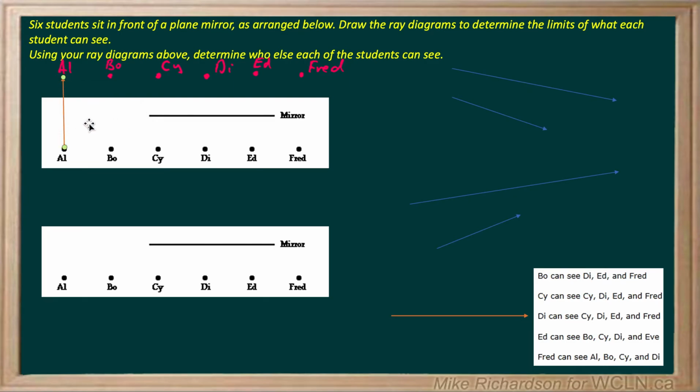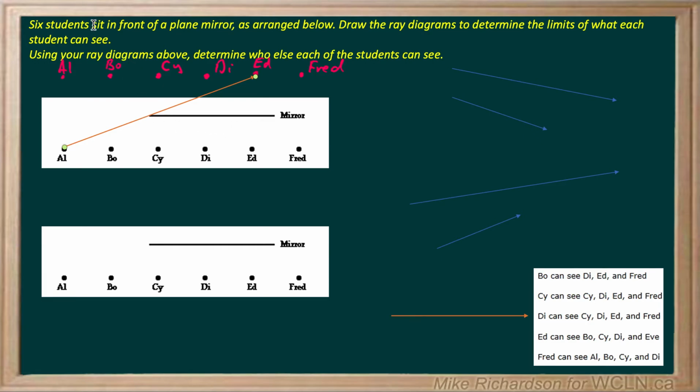So there's no possible way that reflection, Al can't see himself, and that should make sense. He's way off to the left of the mirror. Similarly, if I slide that ray of light over to Bo, it doesn't even hit the mirror, so Bo's image is not going to be seen by Al. But when I keep sliding it, even Cy does not hit the mirror. Di does not. However, Ed looks like it might. See how it just barely glances there, right at the edge?